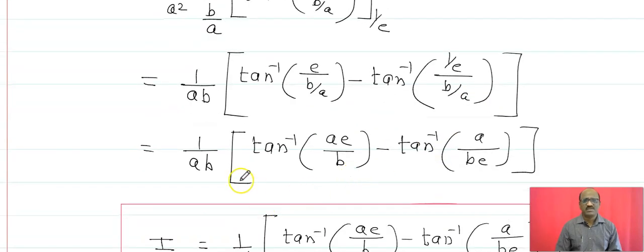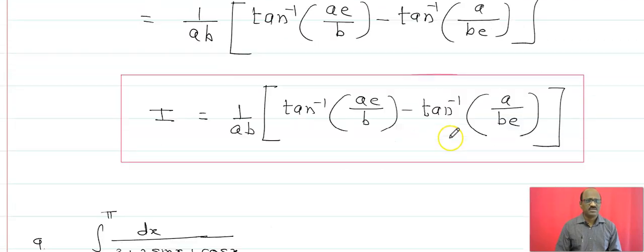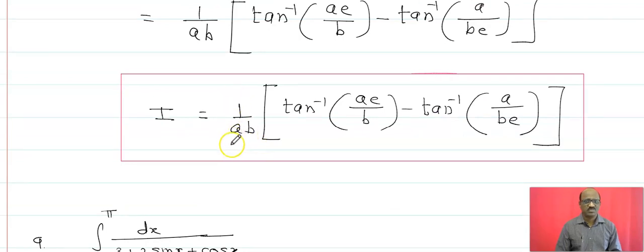We simplify it. Then you will get 1 upon ab, tan inverse of ae upon b minus tan inverse of a upon be. And hence your answer is 1 upon ab, tan inverse of ae upon b minus tan inverse of a upon be. In this way, this is the final answer.